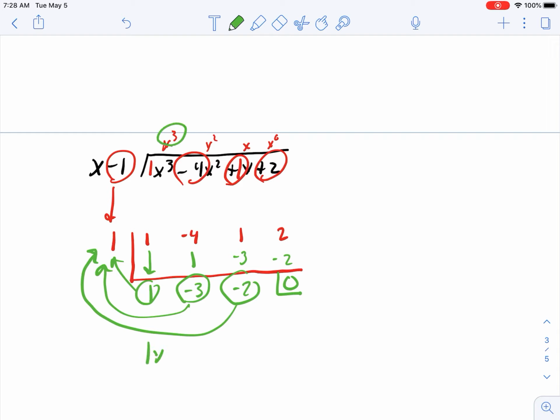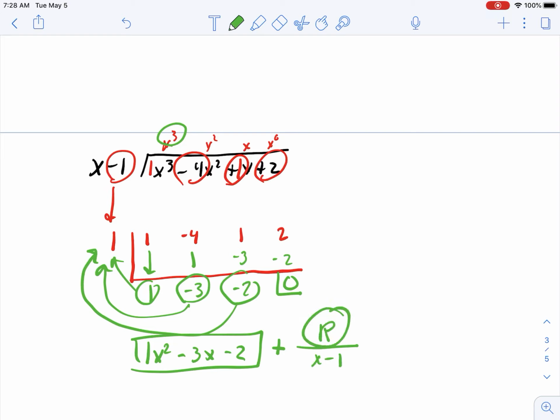So instead of x cubed, now it is x squared minus 3x minus 2. No remainder. If there was a remainder, I'll do one of those in a second here. You put that over x minus 1 with whatever your remainder is. But of course, in this case, there's 0, so we don't have to worry about it.